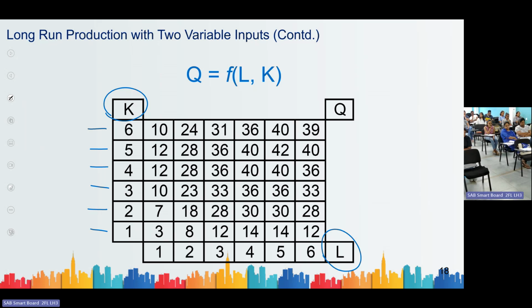Likewise, we have 1 unit of labor, 2 units, 3 units, 4 units, 5 units, 6 units of labor. This is the amount of labor. This is the amount of capital.